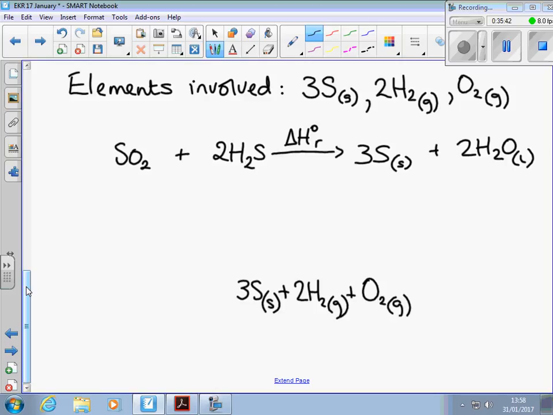The easiest way to think of these is with those modelling beads, the molymods. If you made a model of sulfur dioxide and a model of two hydrogen sulfide molecules, how would you turn those into sulfur and water? You'd take them all apart, wouldn't you, into yellow beads, red beads and white beads, and then you'd put them back together again. Yeah? And that's really what we're saying here.